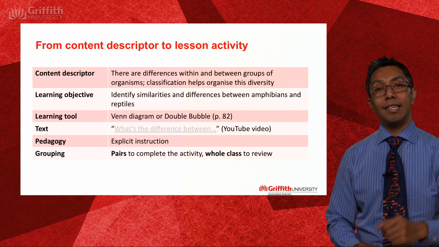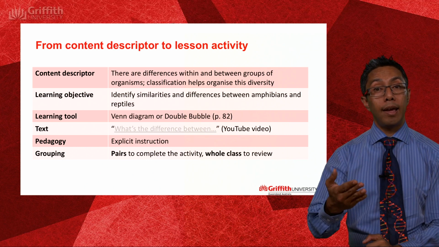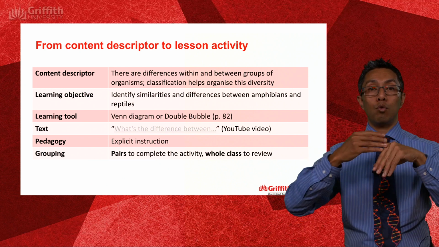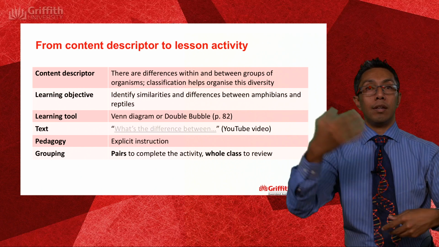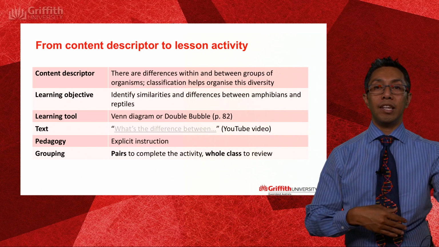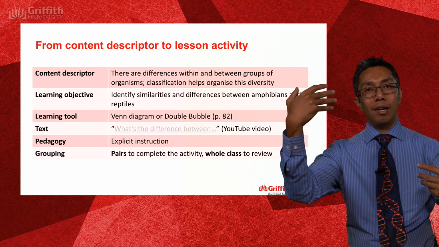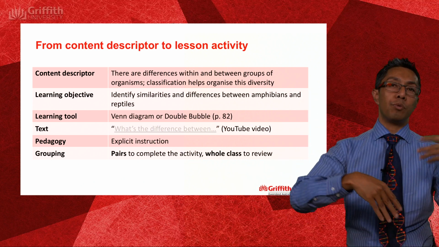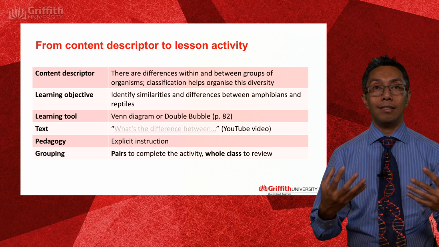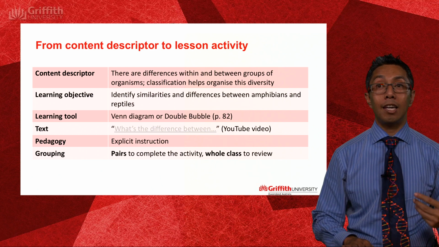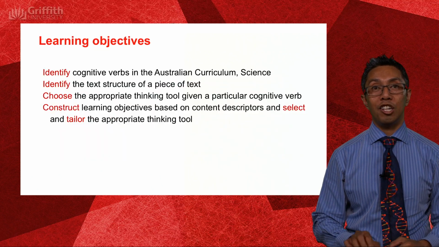So hopefully you can see in that example just how everything is related: how the curriculum is related to cognitive verbs, to thinking tools, to the text types, to pedagogy, and the grouping. Everything is interconnected when you are thinking about planning in teaching.